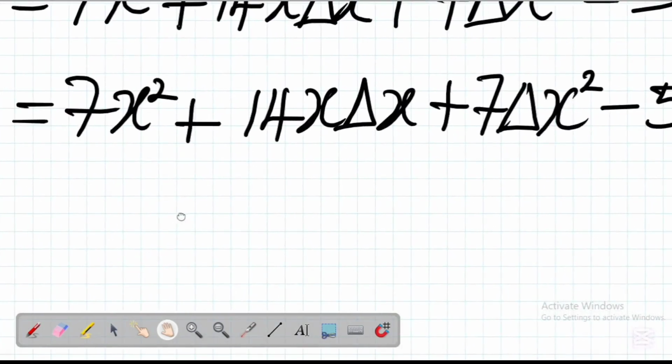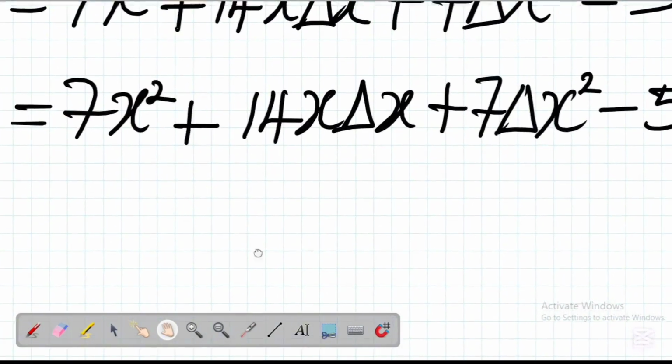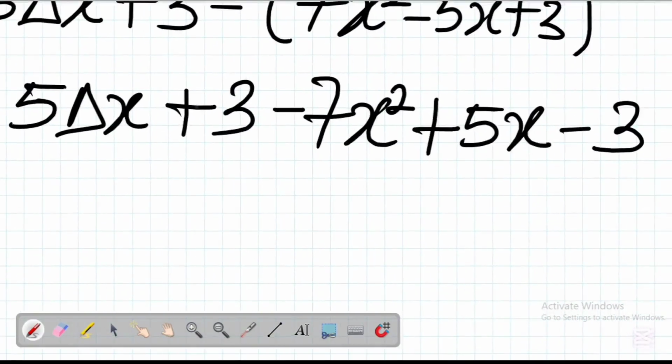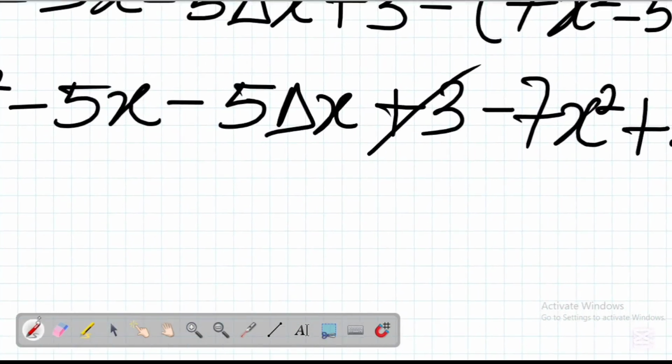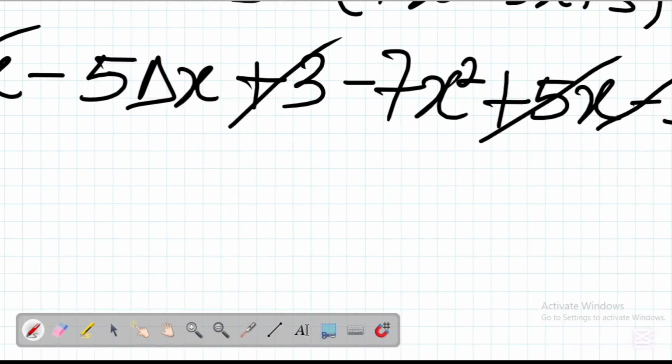Here, our next task is to cancel out since we have similar terms. We have positive 3 here and we have negative 3, so it cancels out. We also have positive 5x here and we have negative 5x here, so it cancels out. And finally, we have negative 7x squared here and we also have positive 7x squared, so it cancels out.